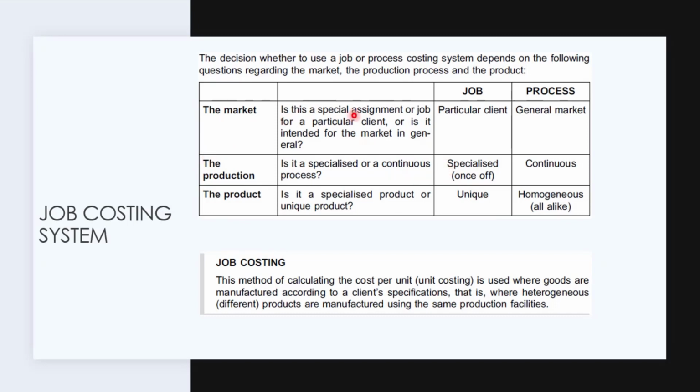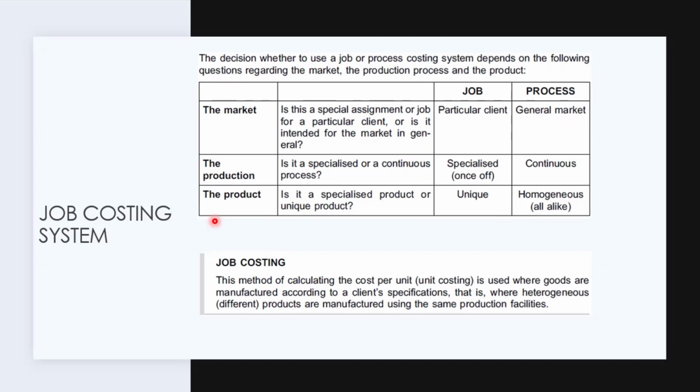So that's how you would distinguish between when to use job costing and when to use process costing. The market, the production, and the type of product that you will be making. So why am I spending a bit of time here?